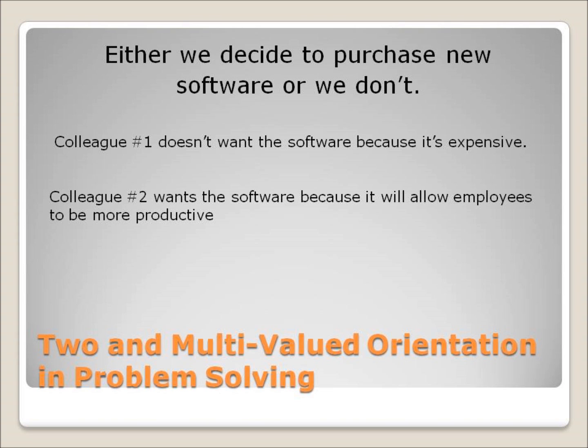For example, two colleagues are having a simple conflict over whether to purchase new software. Colleague number 1 doesn't want the software because it's expensive. Colleague number 2 wants the software because it will allow employees to be more productive. Using a two-valued orientation, either they decide to purchase the software or they don't.